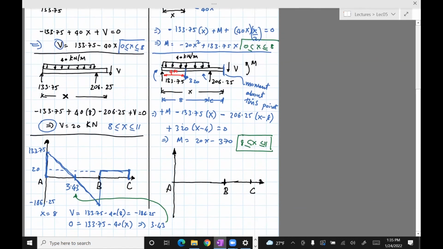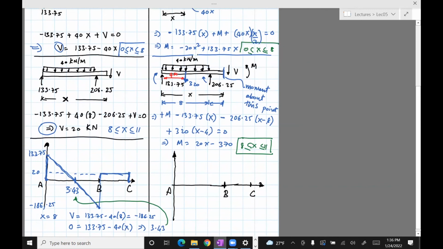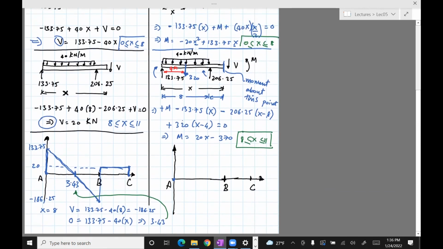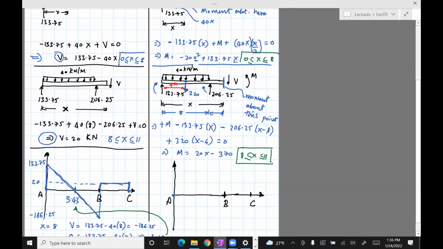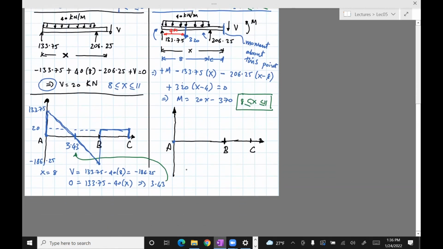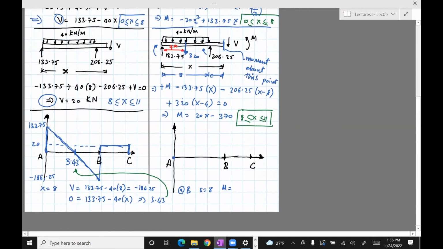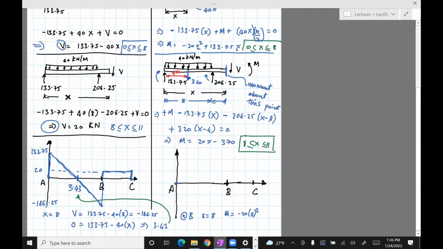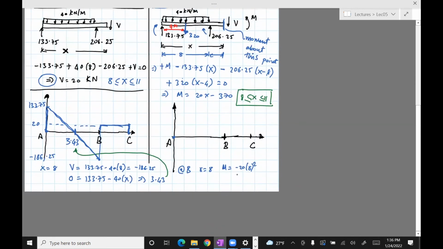So let's put x equals 0 here in this equation. If you put x equals 0, you see that the moment is 0. So it starts off with 0. And then at B, we would have x equals 8. So at B, x equals 8, M equals minus 20 x squared plus 133.75 times 8.